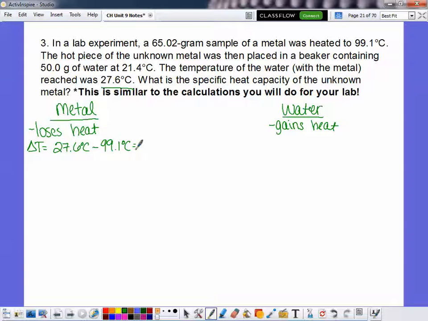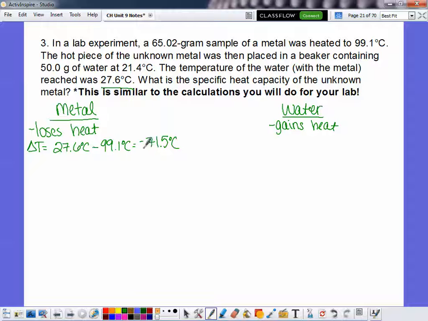So both of them, when they're mixed together, reach a temperature of 27.6 degrees Celsius. The metal decreases temperature, the water increases temperature. And that happens when the energy is being transferred. So what is the delta T for the metal? Negative 71.5.